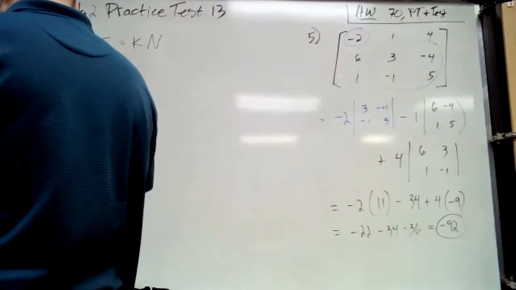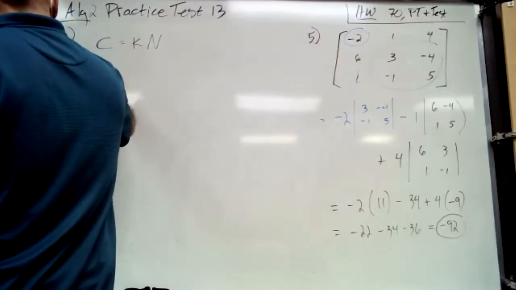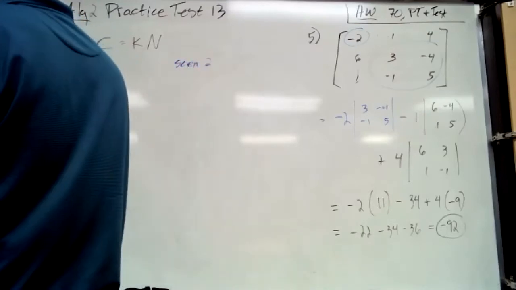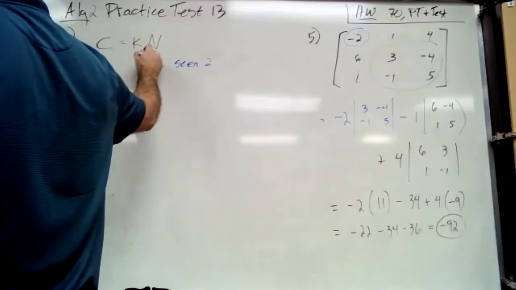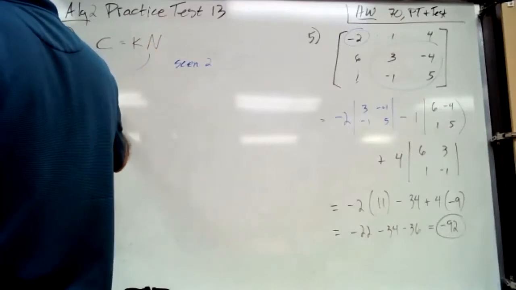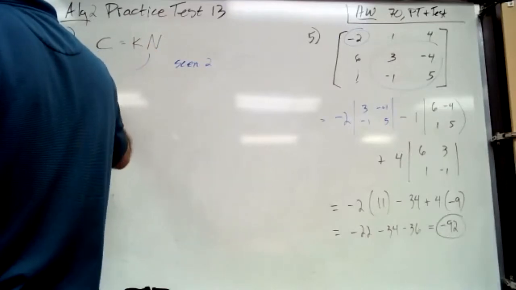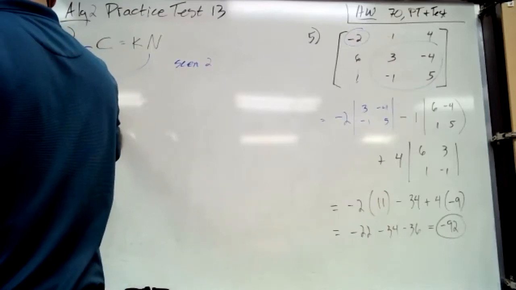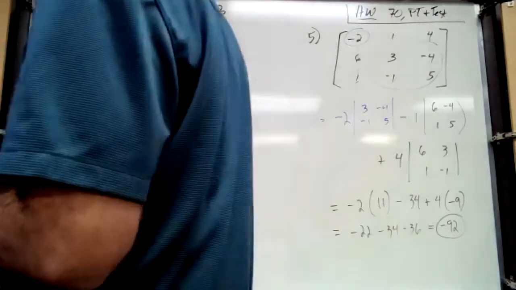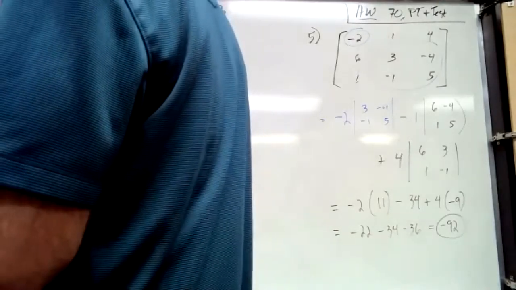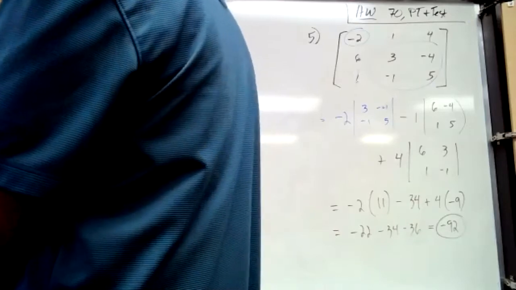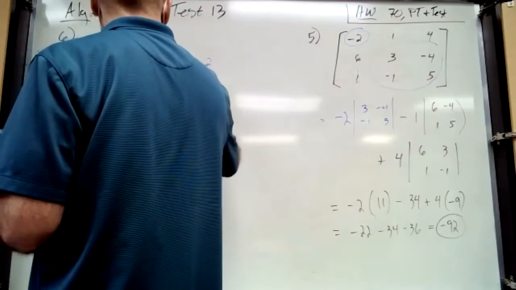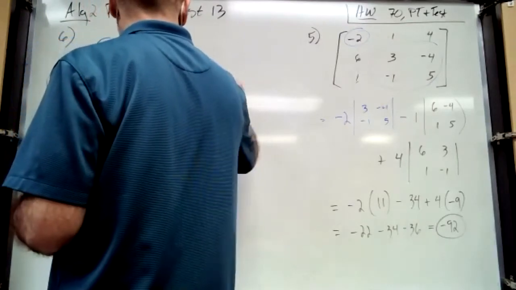Okay, so you can write this down as scenario 1 and scenario 2. Scenario 1 says if 8 items can be purchased for $28, so 28 equals K times 8. Then how much could be purchased, or 48 items, what does that cost? So C equals K times 48.